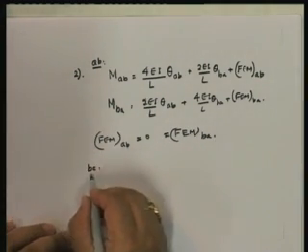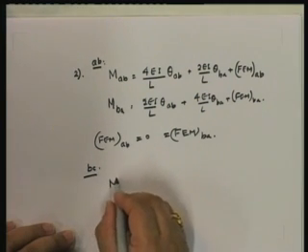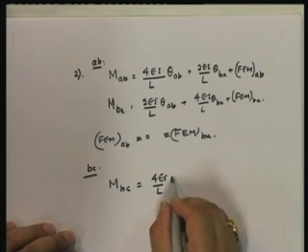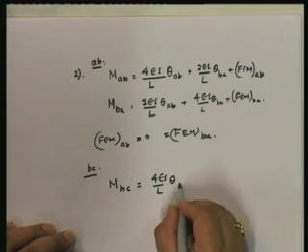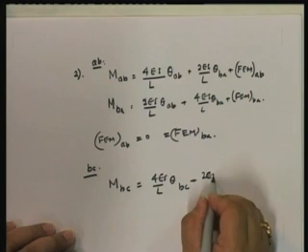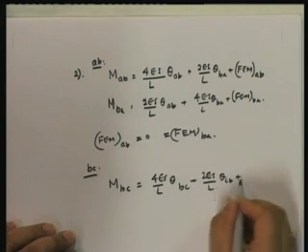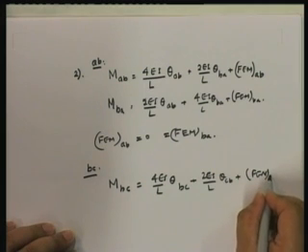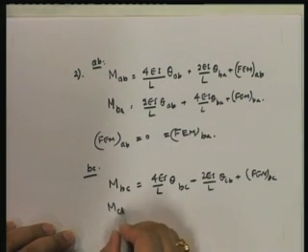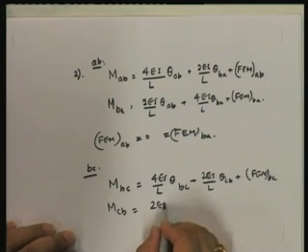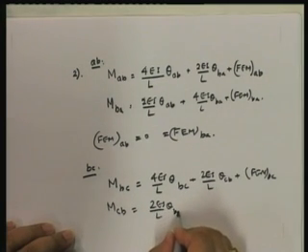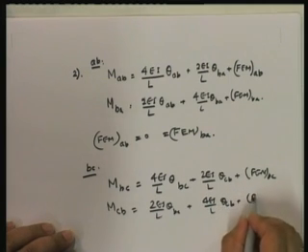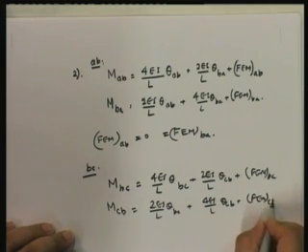Now we look at BC. MBC is equal to 4EI by L theta BC plus 2EI by L theta CB plus fixed end moment BC, and MCB is equal to 2EI by L theta BC plus 4EI upon L theta CB plus fixed end moment at CB.